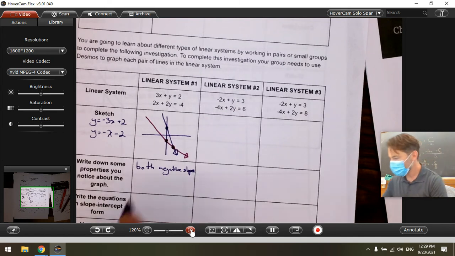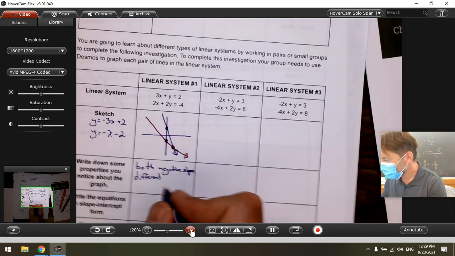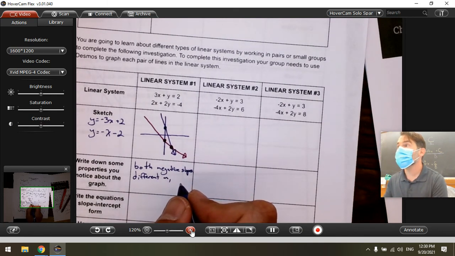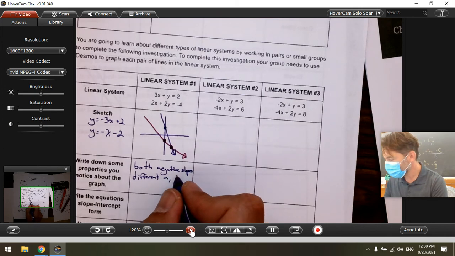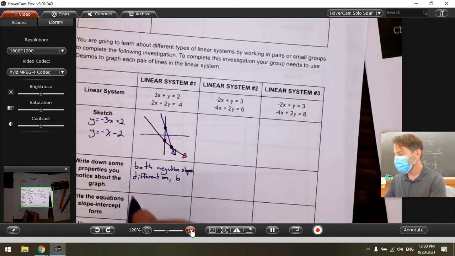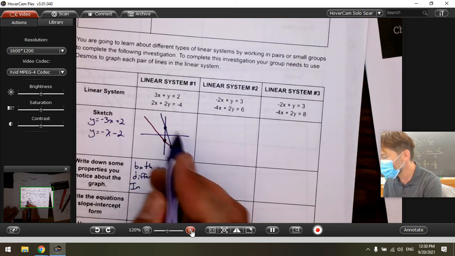They're different. Different slopes. Different m. And how about the b? Is the b the same or different? They're different too. Different m, different b. Different slope, different y-intercept. Okay? And where's the intersection? Don't give me an exact point. Just tell me which quadrant it's in.